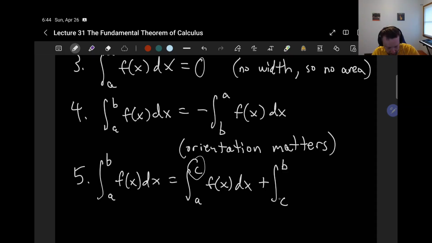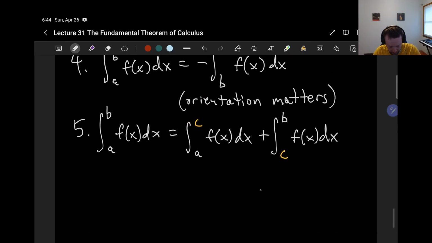Think of C as like a connector. Maybe I'll highlight. Let's finish writing this. Now, technically, C can be any real number, but it makes the most sense to think of it as a number between A and B.